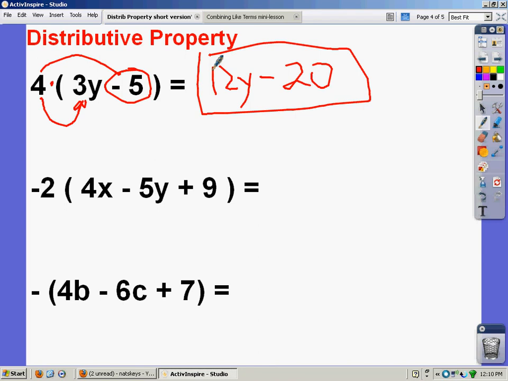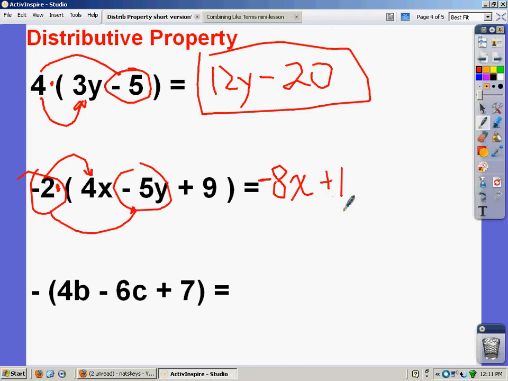But by now I should be very comfortable multiplying and dividing negative and positive numbers. So this is a multiplication problem. So -2 times 4x is negative 8x. Negative 2 times 5y is positive 10y, or plus 10y.